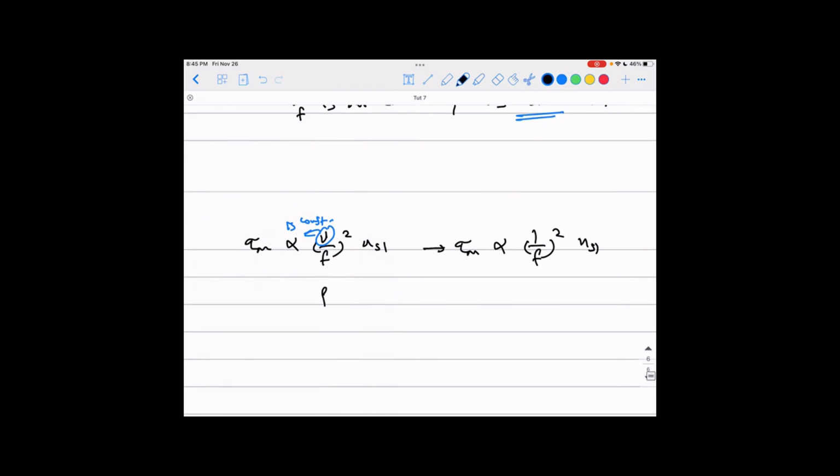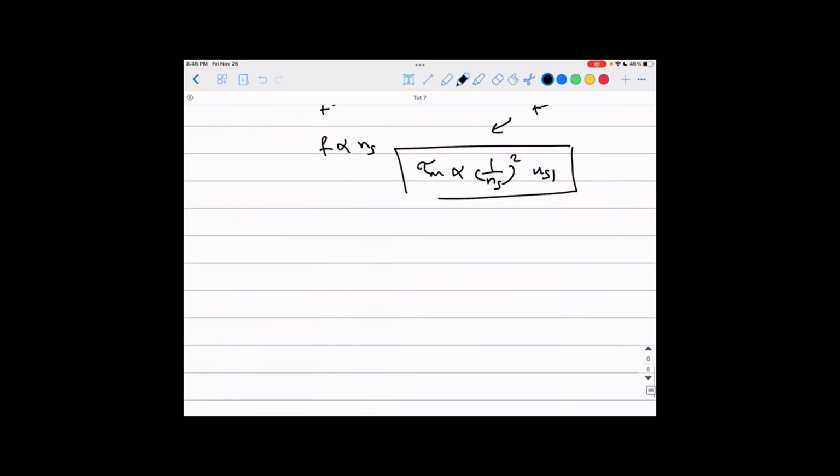And you know that the frequency is directly related to the synchronous speed, because the synchronous speed is basically 120 F over P, and we're not changing P. So I can just take the frequency out of this relationship and replace it by the synchronous speed. So the torque is directly related to 1 over the synchronous speed squared multiplied by the slip speed. And now it is your new relation that you can use beyond the rated frequency.